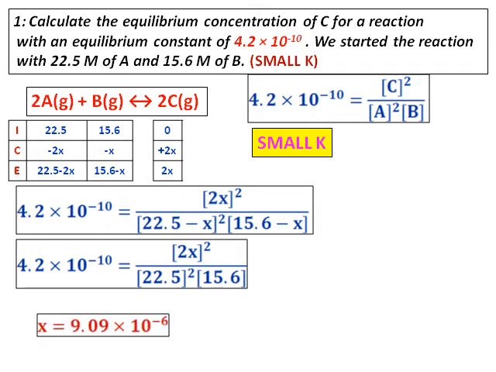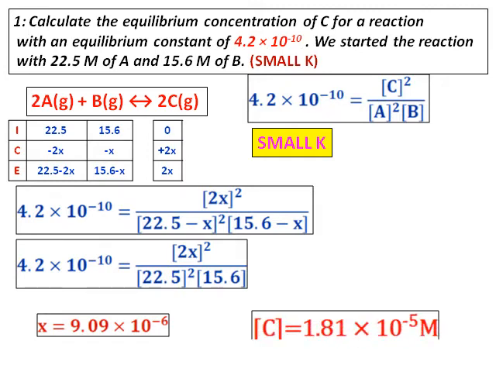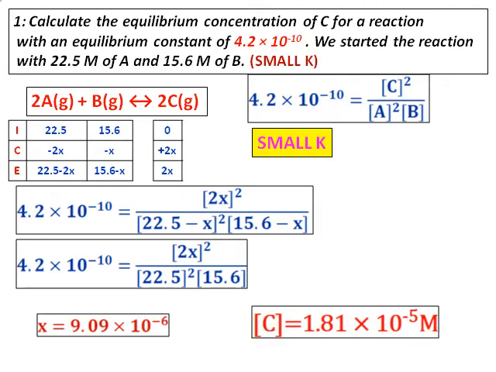The value of X comes to 9.09 times 10 to the power of negative 6, and the concentration of C is twice X, which equals 1.81 times 10 to the power of negative 5 molar. See, the small k approximation makes it easier to solve this question. Otherwise, this would be a question in which X is to the power of 3.